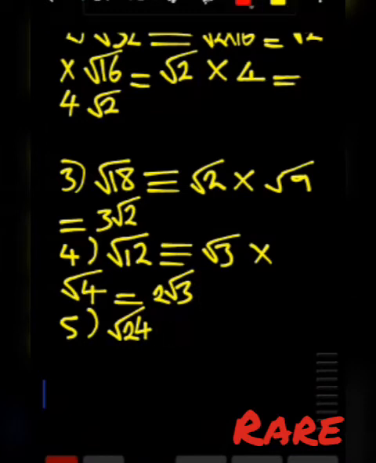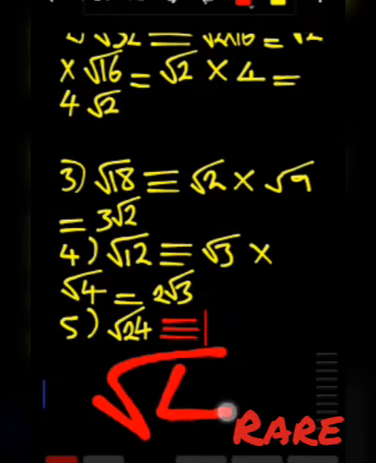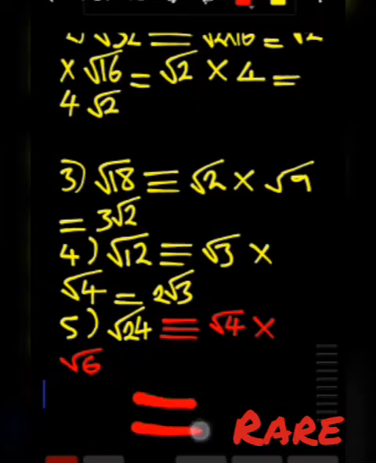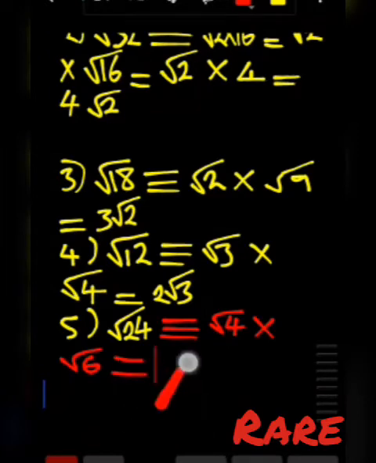The root of 24. The root of 24, this is equivalent to the root of 4 times the root of 6. If you work out this, you simply see that this is equal to 2 root 6. So this is how you can do the multiplications.